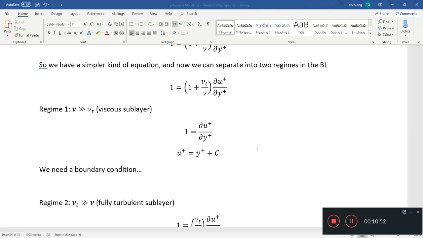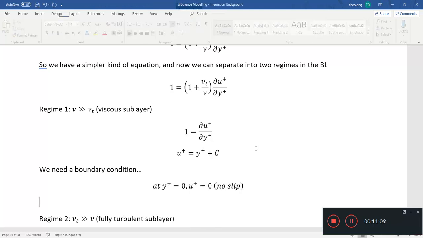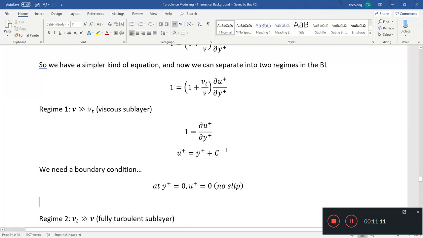And that's easy because at u plus equals 0, y plus equals 0, that means we are at the wall. U plus equals 0. This is the no slip condition. We just put it in non-dimensional coordinates here. When u equals 0, u plus equals 0, and when y equals 0, y plus equals 0.